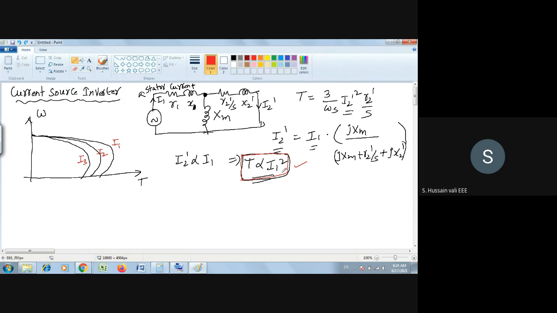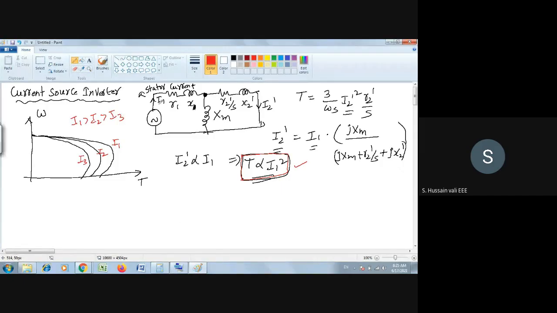As T is proportional to I1 square, you will find that if I increase I1, with all the remaining things constant, definitely the torque is more. So I can say I1 greater than I2 greater than I3. Just check yourself. So if we increase the stator current, the torque also increases.